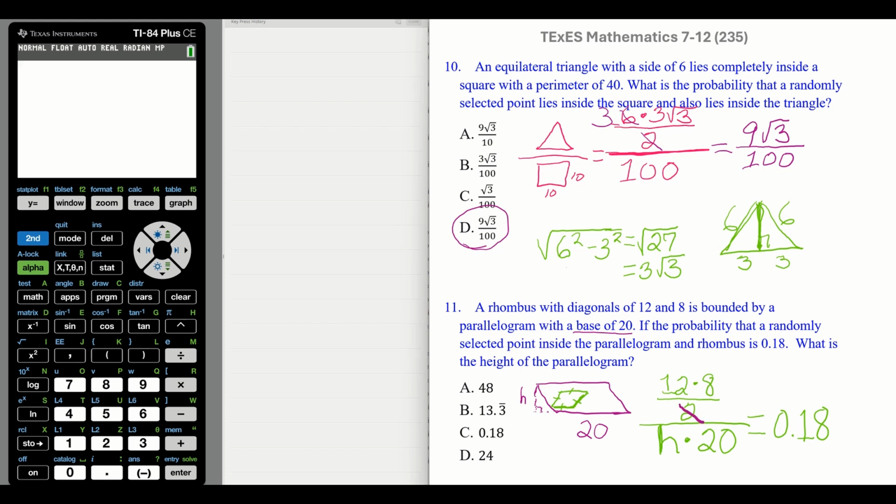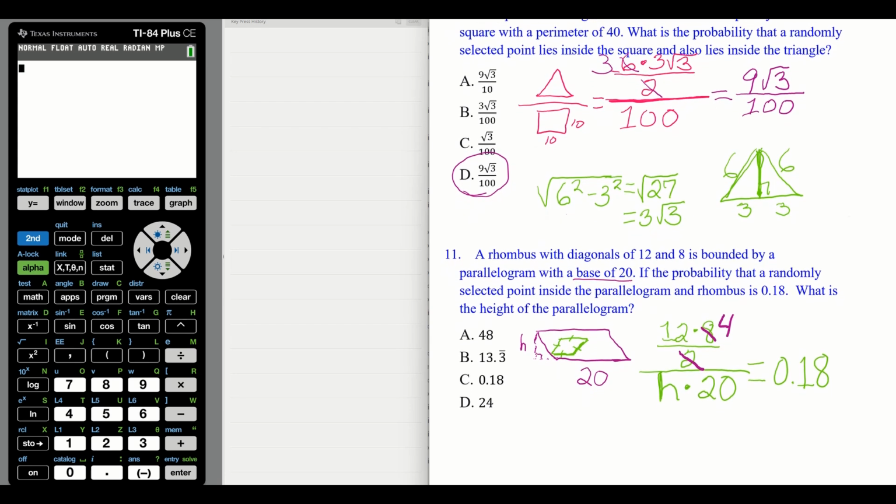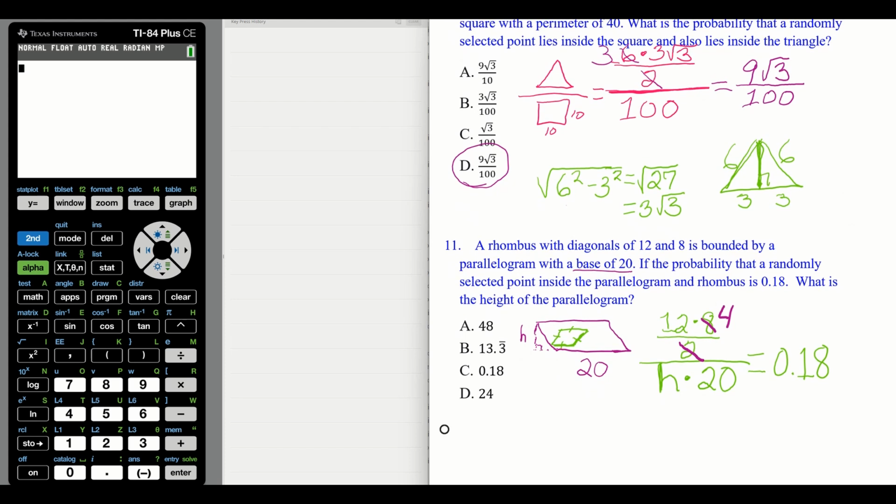If we divide this by 2, we get 4. Then we know that 4 times 12 is 48. So this gives us 48 over height times 20 equals 0.18.